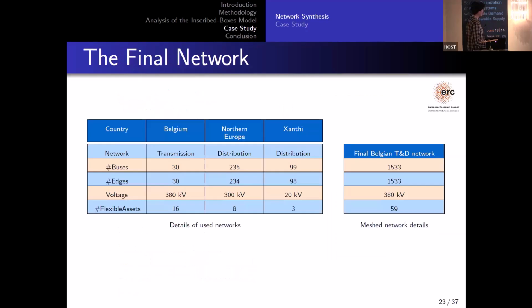So this is the result of the final Belgian TNT network. We have 1,533 buses, the same number of edges. The highest voltage was 380 kilovolts, and we have a total of 59 flexible assets.